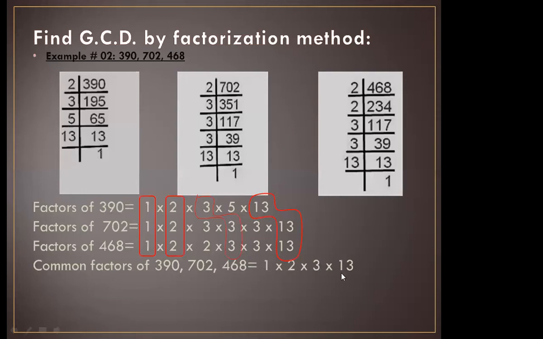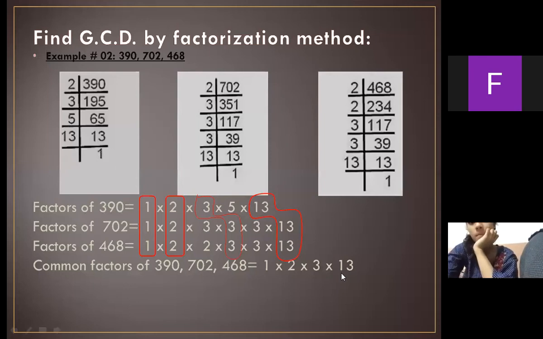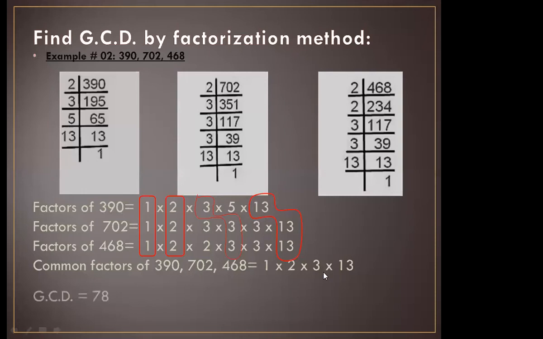Now in the next step, you will multiply these common factors. After multiplying, you will get your answer, 78. Sorry students, 1 multiplied by 2 is 2, 2 multiplied by 3 is 6, 6 multiplied by 13 will become 78. Okay, is that clear?